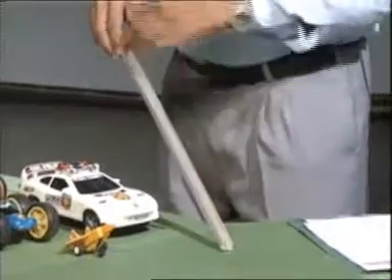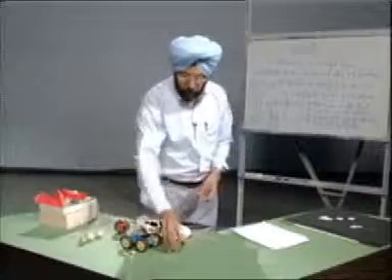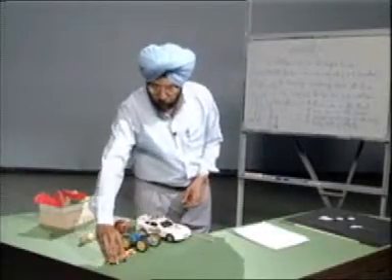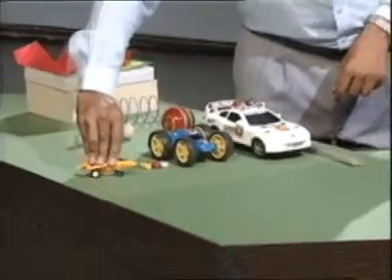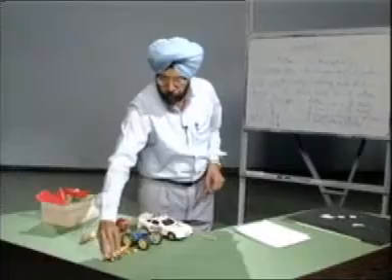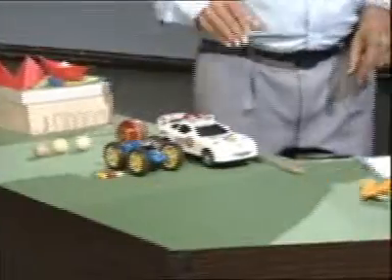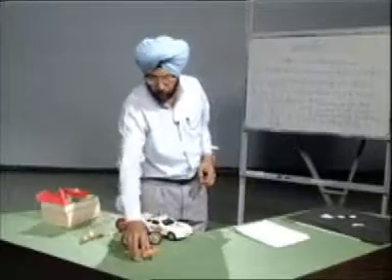In both cases, this motion is one-dimensional motion. Here we have a plane. The plane moves in a straight line. The motion of the plane is one-dimensional motion as it moves in a straight line.